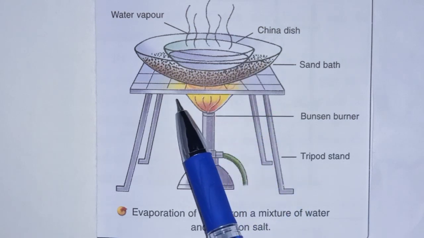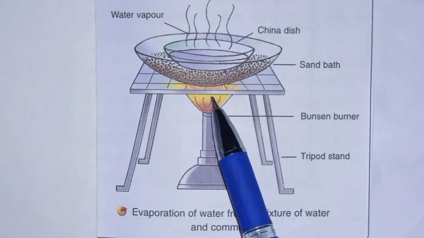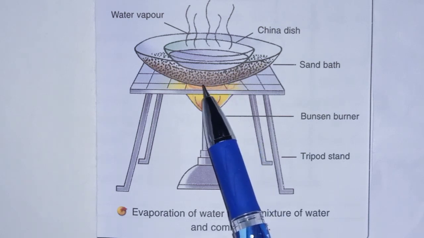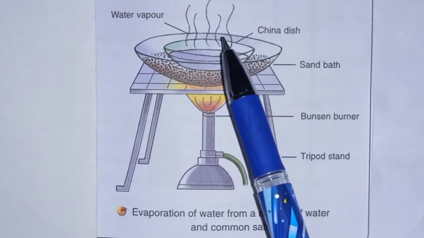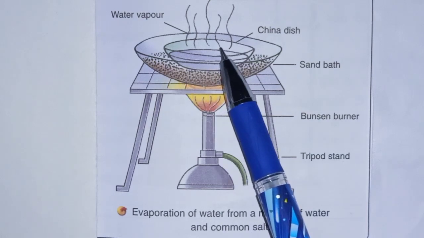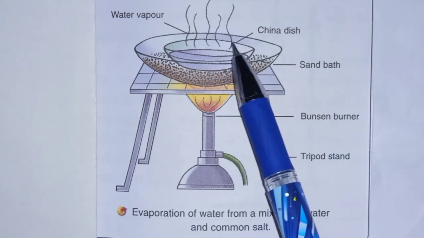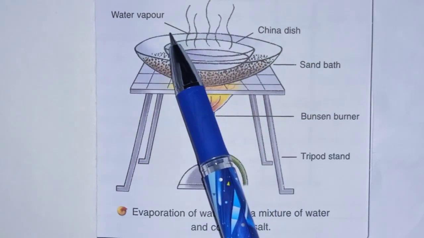Okay, and we are heating this sand bath from the bottom, and what we can see here is that common salt, which is soluble in water, is left behind. Only water is forming its vapor.